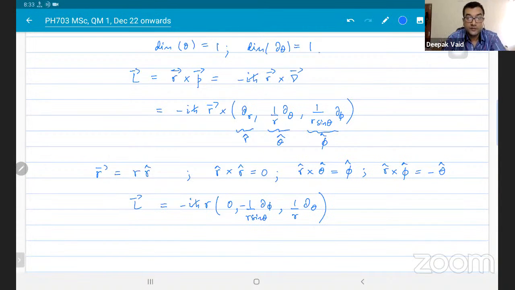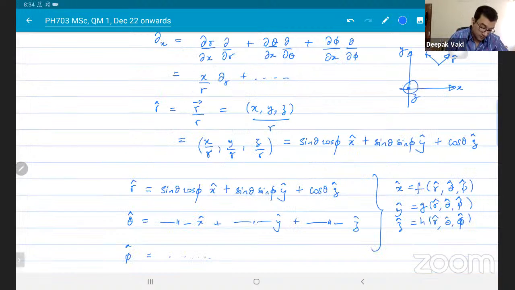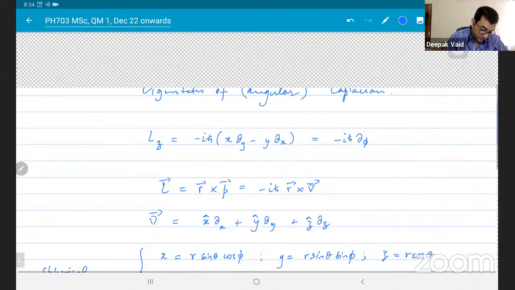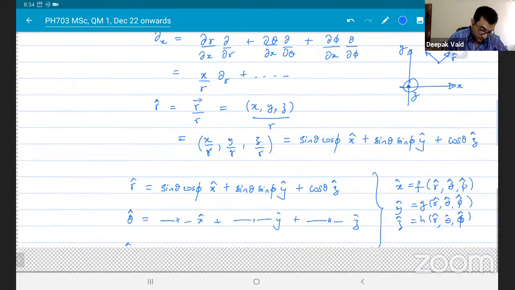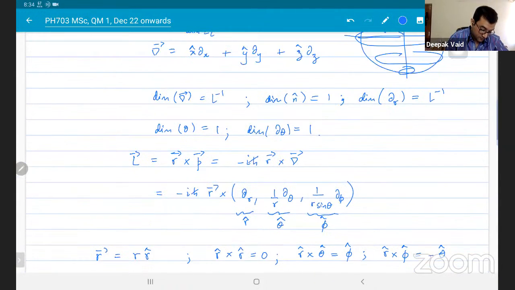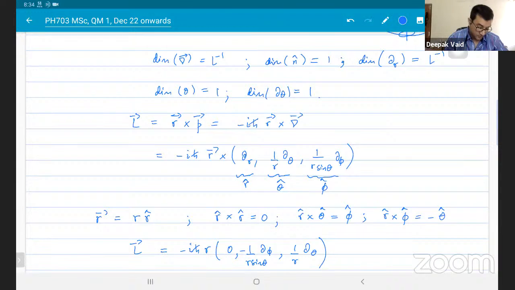Let me just check my expression. Something is wrong with my expression. The gradient operator is... yes, no, it is correct, right.